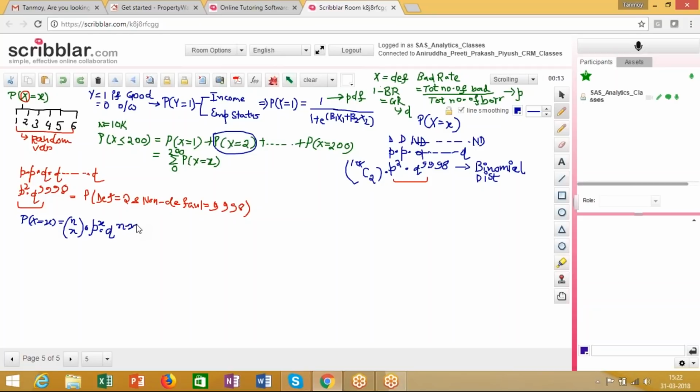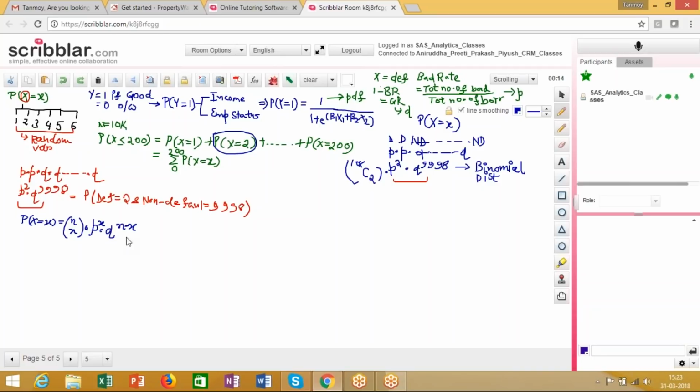Now, whenever I'm doing this mathematical formulation, I need to ensure that it is done under a typical assumption. What is that assumption? Those assumptions are what make it a probability mass function.